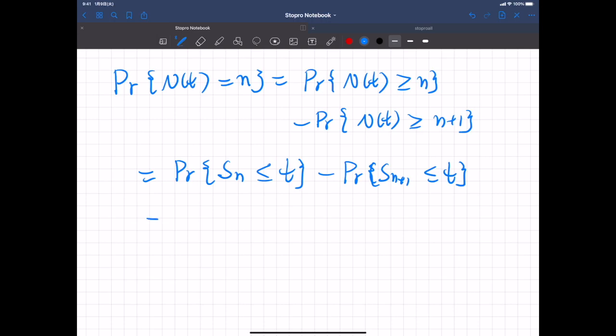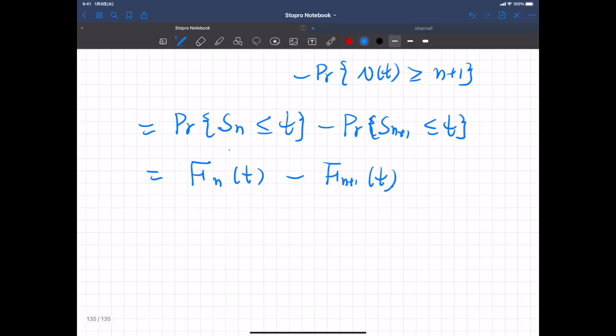And we already have shown how to calculate this probability. So this is the cumulative distribution function, Fn of t, and this is Fn plus 1 of t.